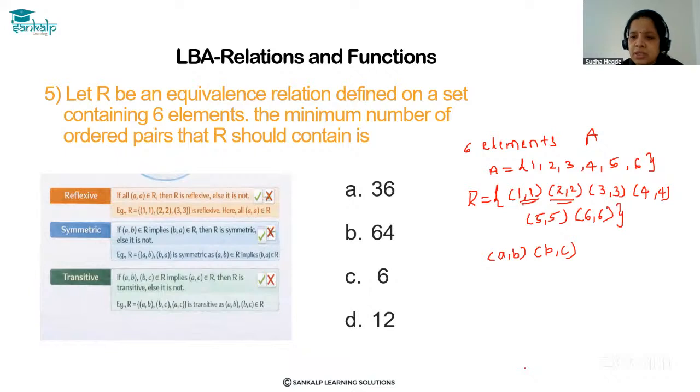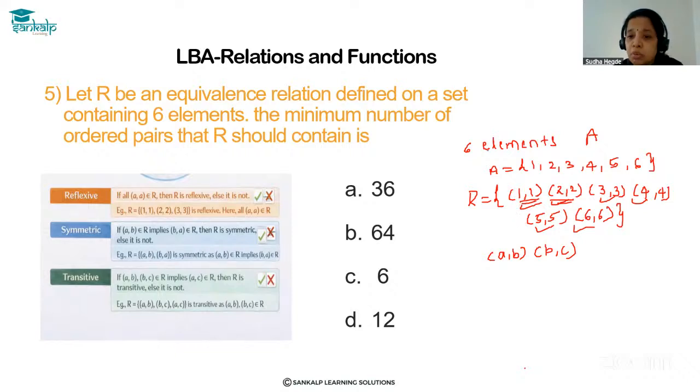How many elements? 1, 2, 3, 4, 5, 6 elements. So there are 6 elements in R. So the minimum number of elements must be 6. You can add some more elements, and it will still be an equivalence relation, but this is the minimum requirement.